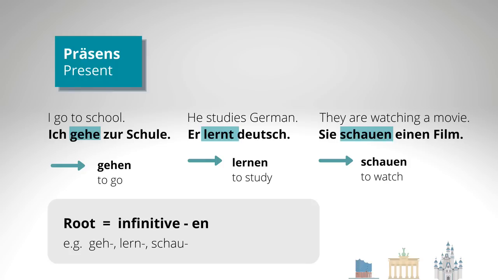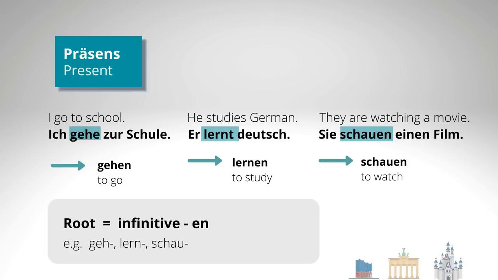As I already mentioned, we don't use a progressive form here because we don't have any in German. So the sentence they are watching a movie would be the same as they watch a movie in German. They watch a movie, Sie schauen einen Film. Sie schauen is the third person plural of the verb schauen, to watch. And again, we get the root by leaving out the ending en, so the root of schauen would be schau.